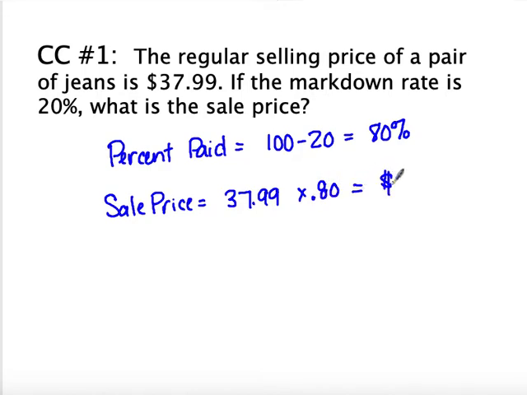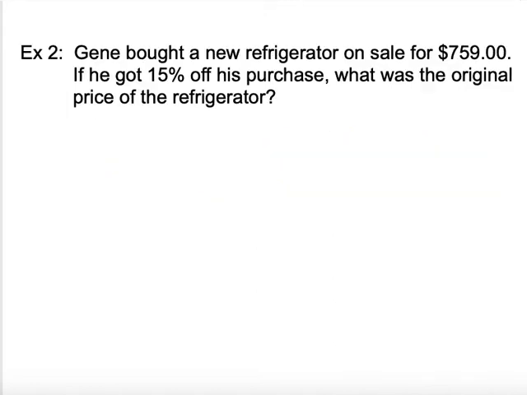So 80% of $37.99 gives us $30.39 for the cost of the jeans. That's a little bit easier than calculating the 20% of $37.99 and then having to subtract that amount from the original price. All right, let's look at our second example today.